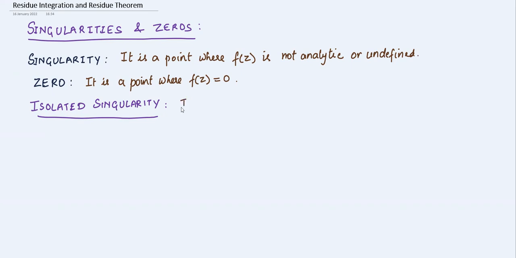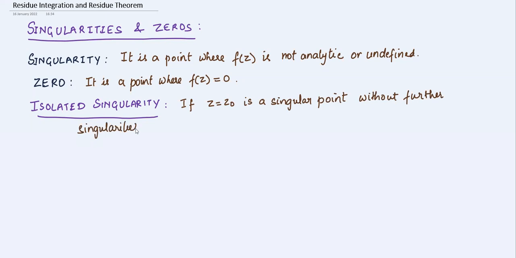So if z equal to z naught is a singular point without further singularities in its neighborhood, then it is called an isolated singularity.